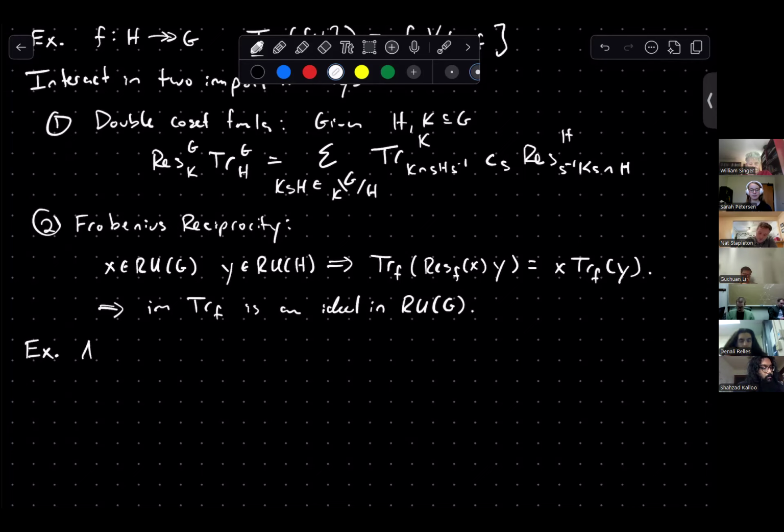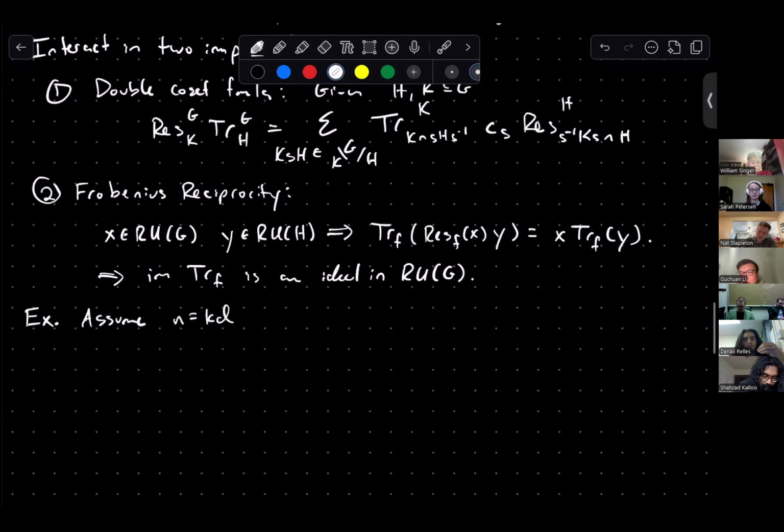Let's assume that I have some natural number n, which is k times d, so that I can consider the short exact sequence C_k sitting in C_n and mapping to C_n mod C_k, which is isomorphic to C_d.